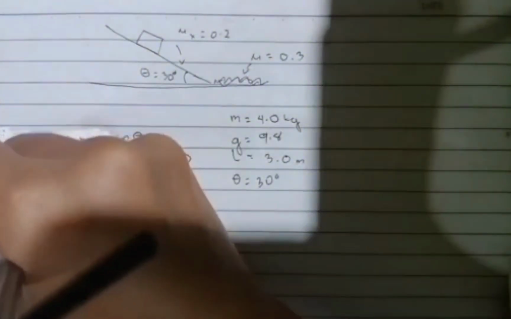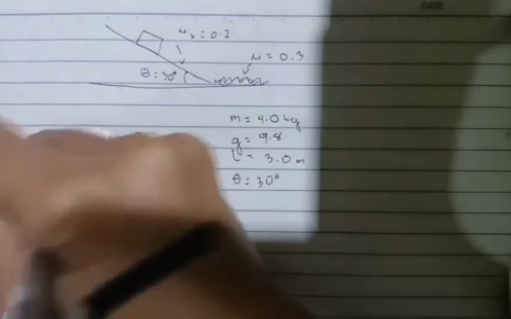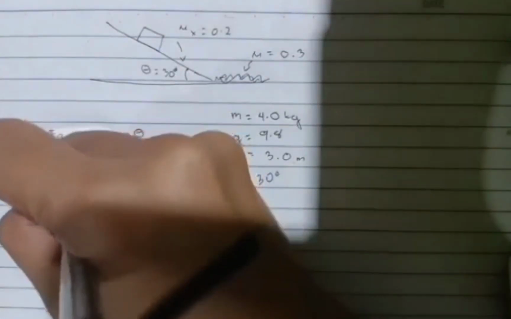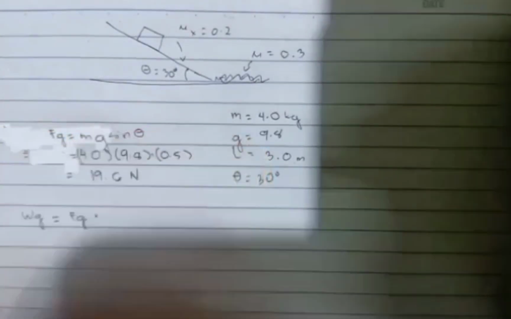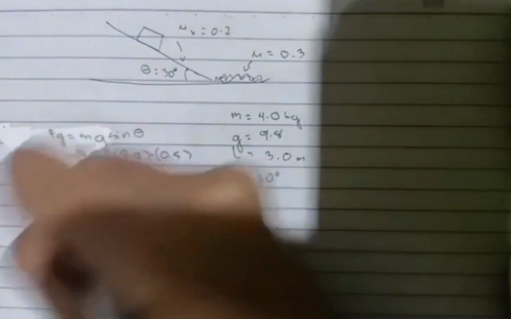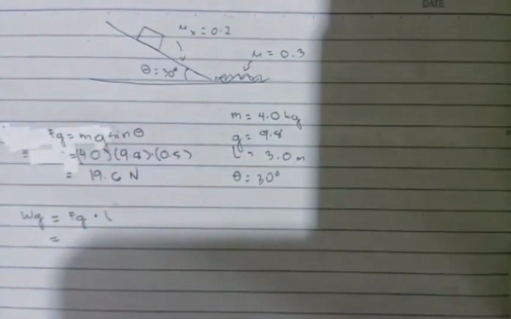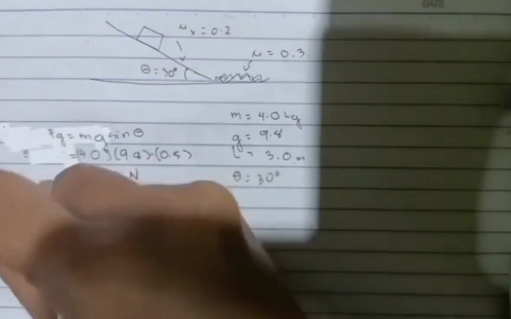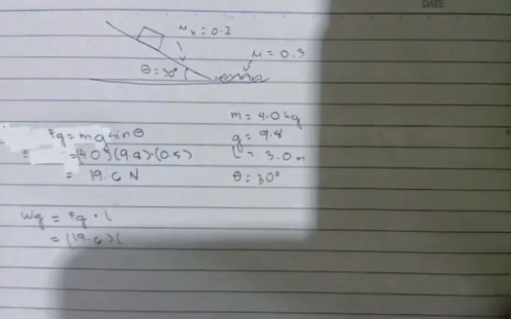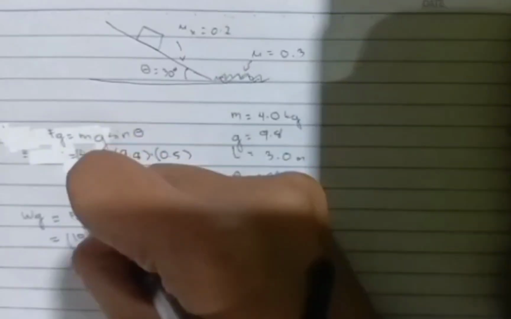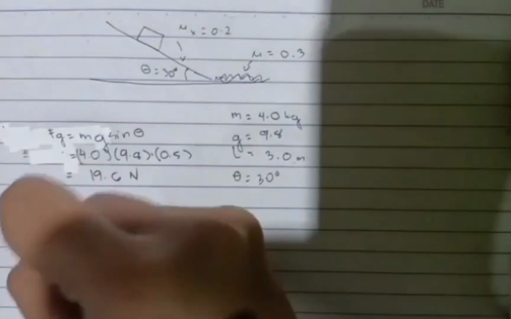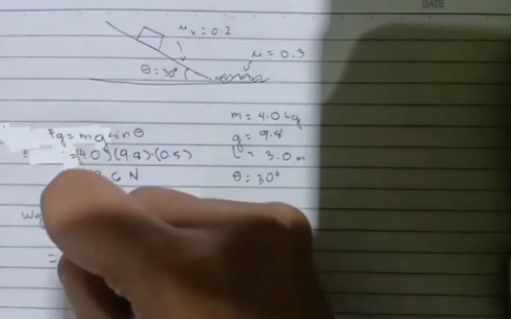Then the second step is to find the work done by gravity. The work done by gravity equals the force of gravity times the length of the incline. So the force of gravity, 19.6, multiplied by the length of the incline, which is 3.0, and the answer is 58.8 joules.